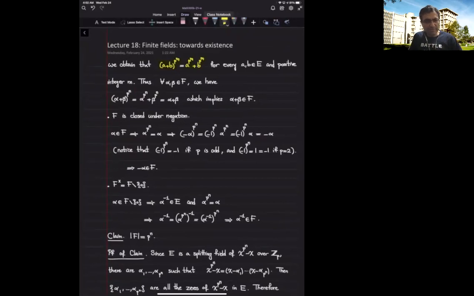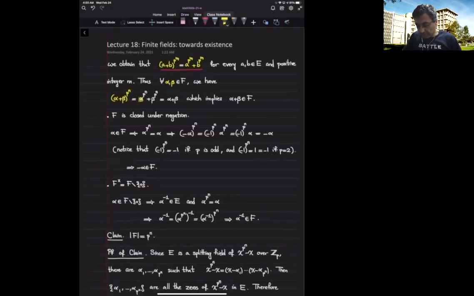Okay, so now that we have this equality, we go back and try to show that F is closed under addition. So I give you 2 elements inside F, alpha and beta, then I consider alpha plus beta, and I raise it to the power p to the n to see if I end up getting alpha plus beta. Because of the equality that we proved over here, I can write this as alpha raised to the power p to the n plus beta to the power p to the n.